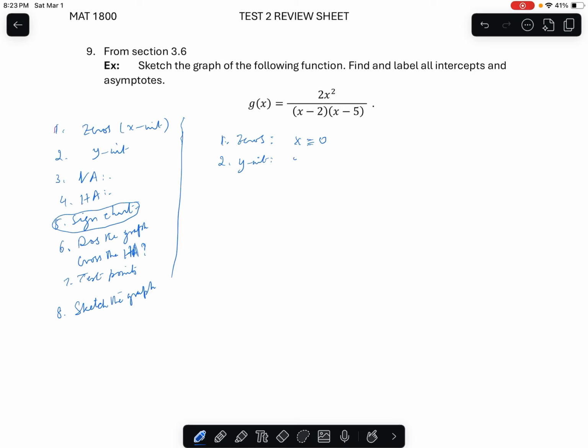So you see when x is 0, we get that y is 0. Because you are going to put 0 in the numerator and 0 in the denominator, so you get 0 over negative 2 times negative 5, or 0 over 10, but 0 over a number is 0.